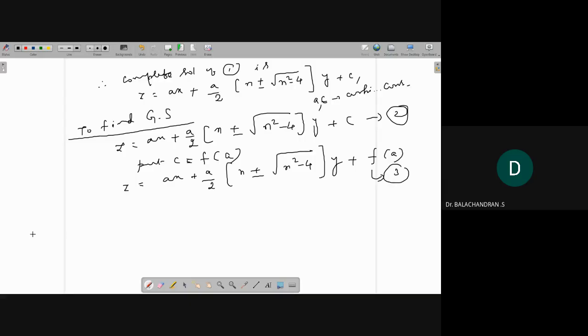Differentiate equation 3 partially with respect to a.